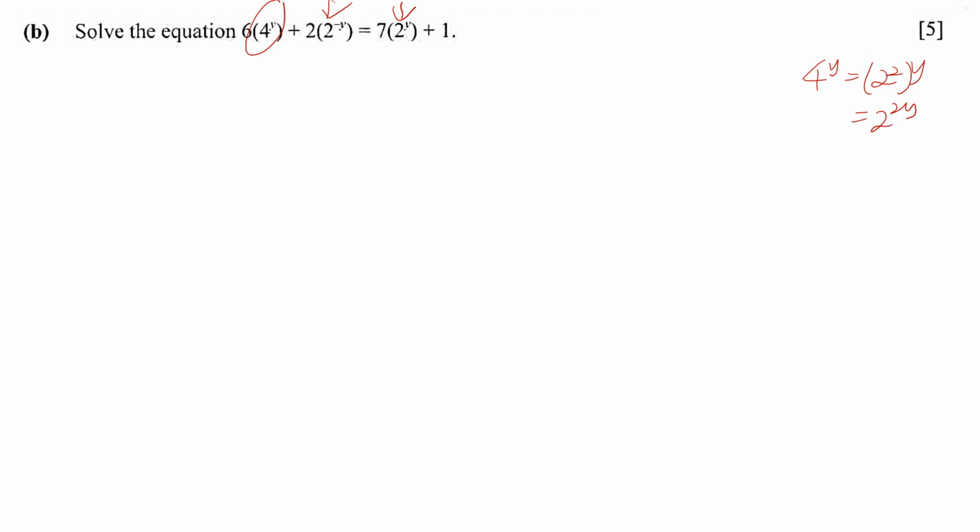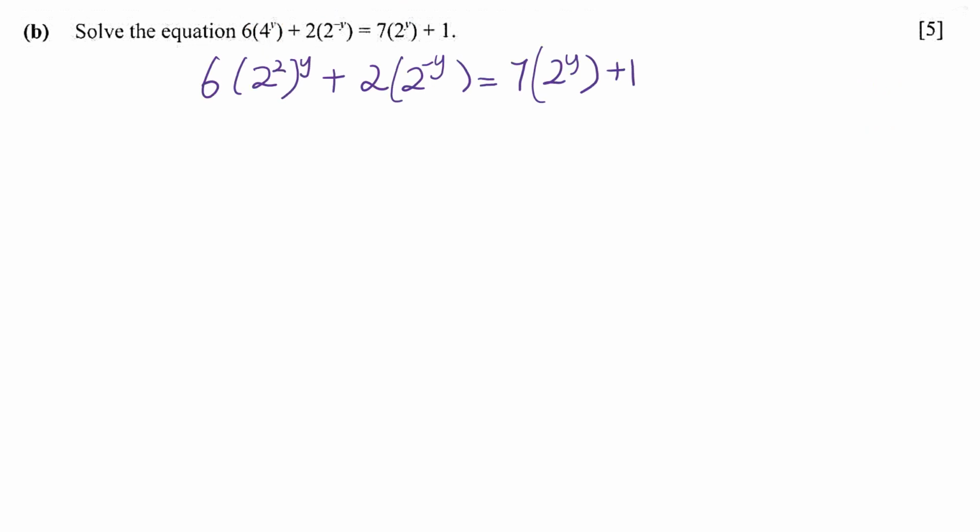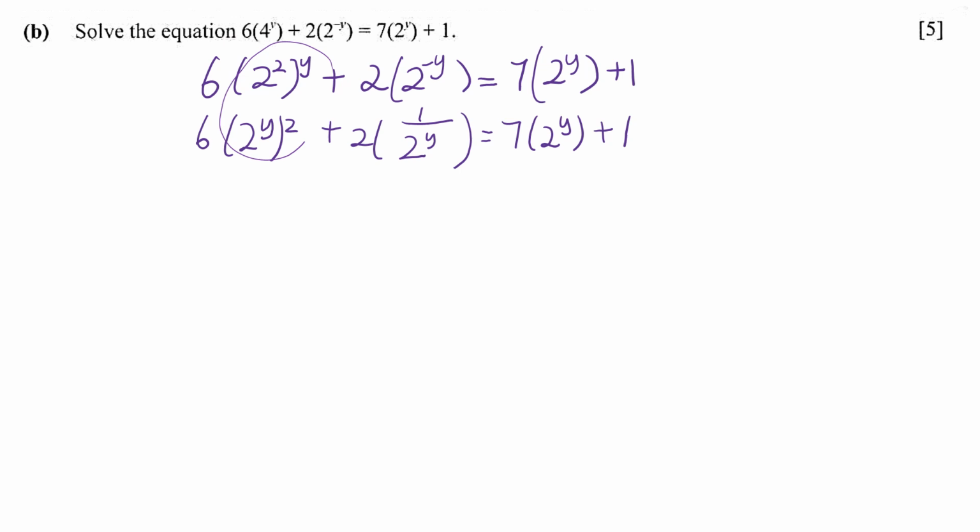I think I have an explanation for that. Let's look at the explanation. So how does this happen? We actually apply one of the rules we've learned in indices. Let me see whether I explained that. Oh, I didn't explain it.